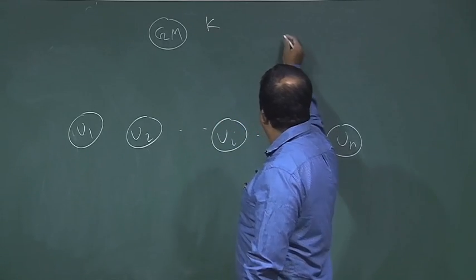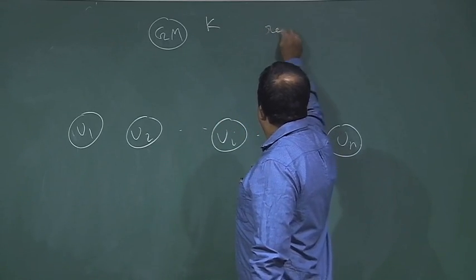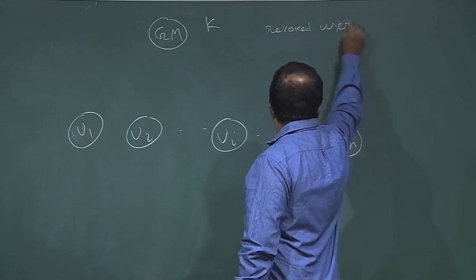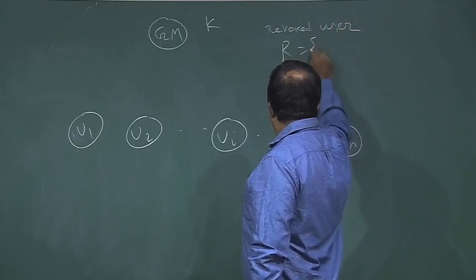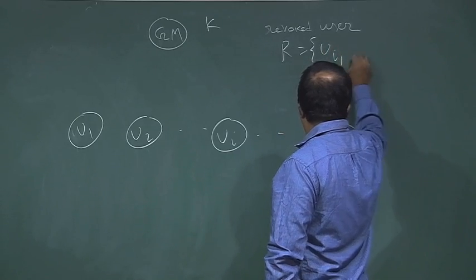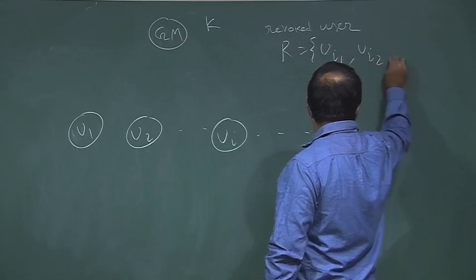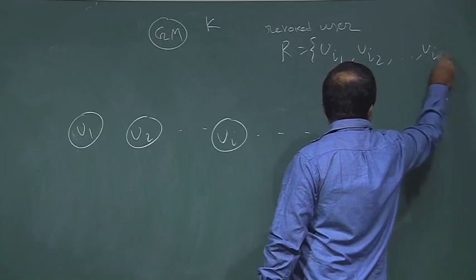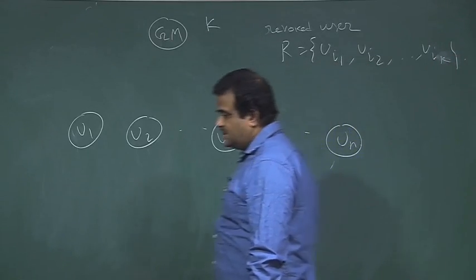This is the set of revoked users, say I: UI1, UI2, up to UIK.